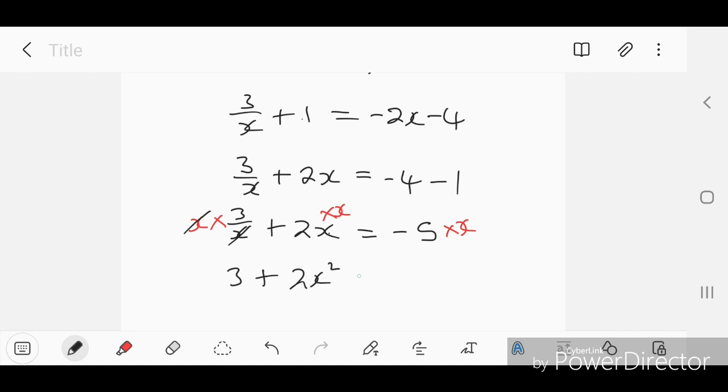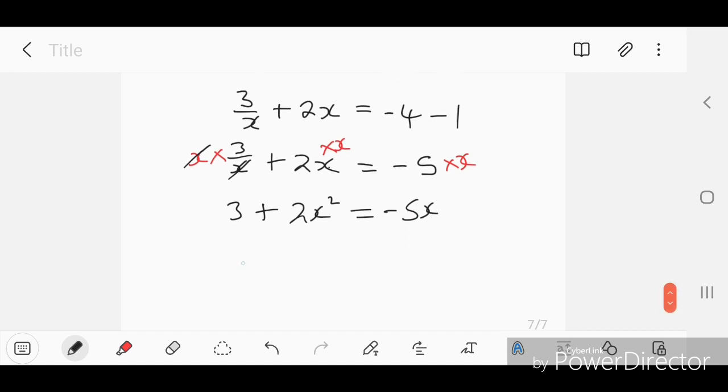And then that one is going to be equals to minus 5x. So this looks like a trinomial. I bring the 5x to the other side and I put it in a standard form. So it's going to be 2x squared plus 5x plus 3 equals to 0.